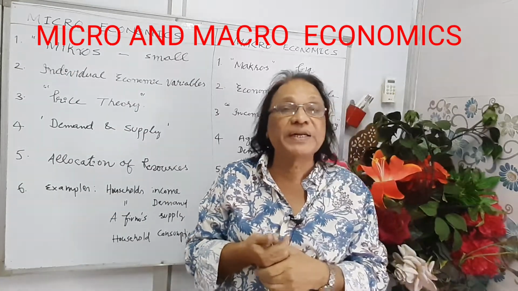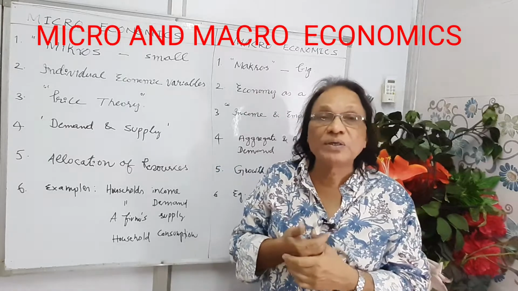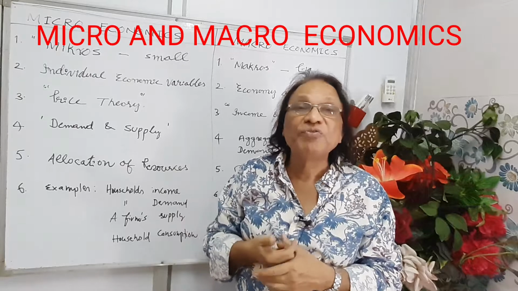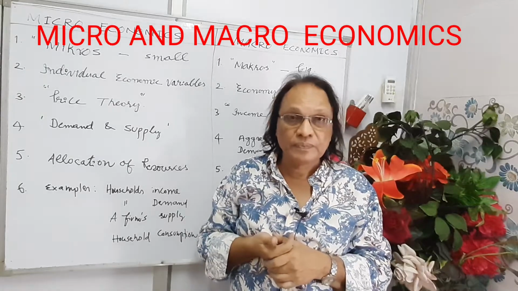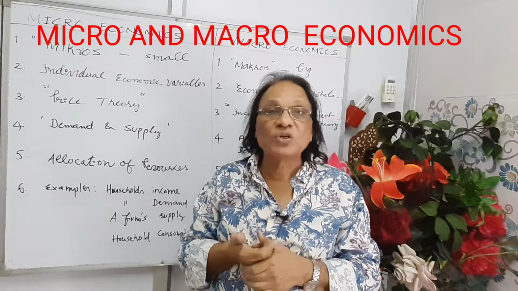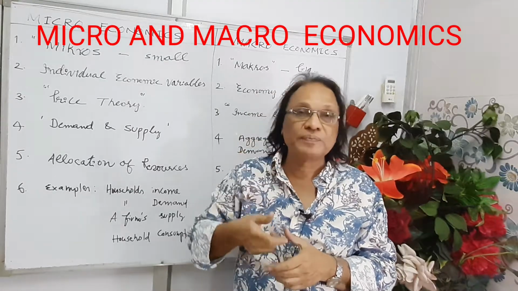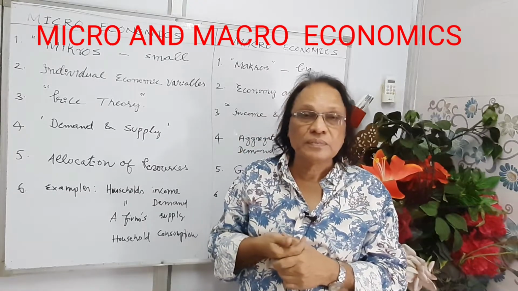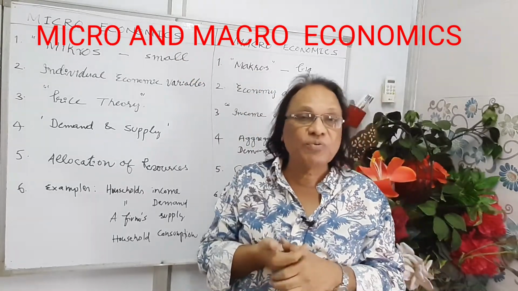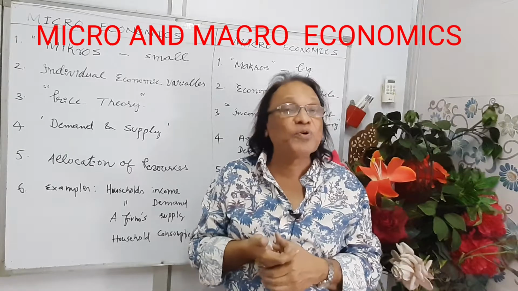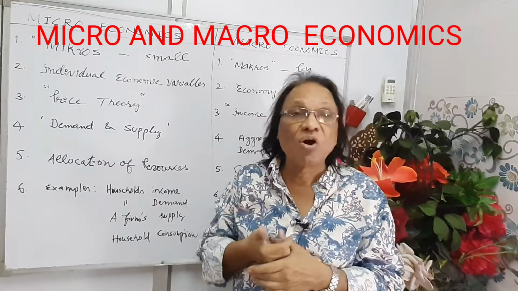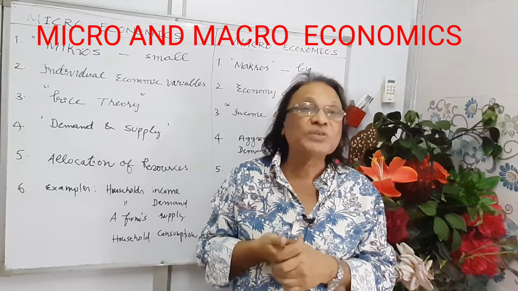Microeconomics has been derived from a Greek word called mikros, M-I-K-R-O-S, which means small. The word macroeconomics has been derived from another Greek word called macros, M-A-K-R-O-S, which means big or large. This is the first point.